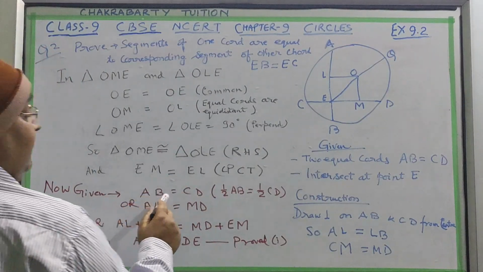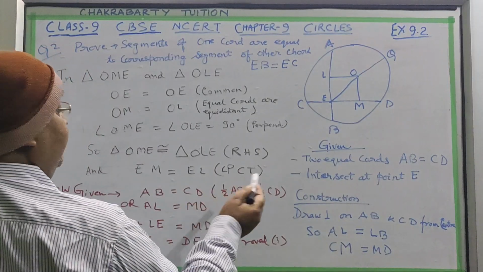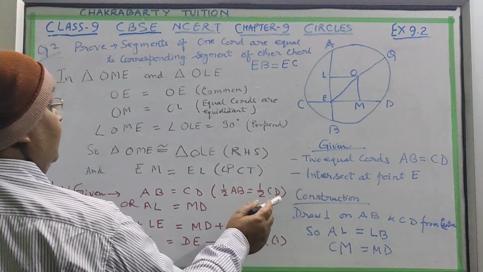Now, what is given? It is given that AB is equal to CD. It means half of AB will be equal to half of CD.